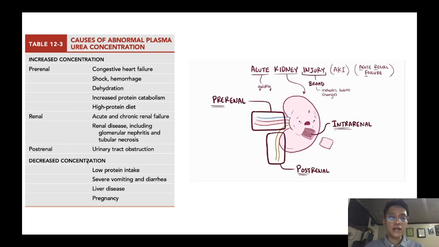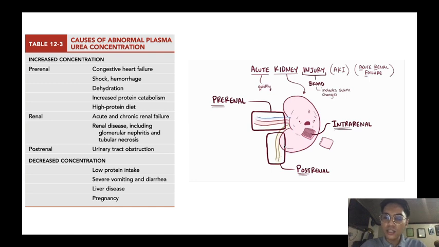Next, post-renal, urinary tract obstruction. So, dito na siya sa after sa kidney. Doon siya sa mga ureter, urinary bladder. So, when there is obstruction in the ureter, kunyari, may stone dyan sa ureter. So, kapag may stone dyan sa ureter, parang mag-backflow ang ating urine to the kidneys, 'di ba?